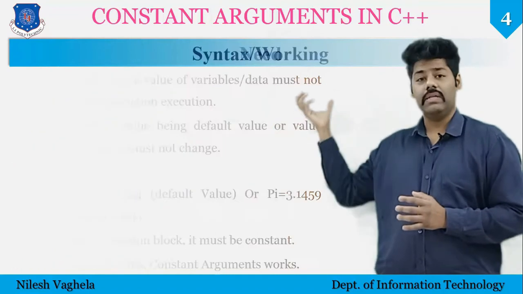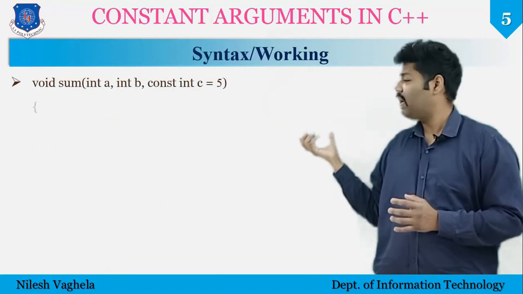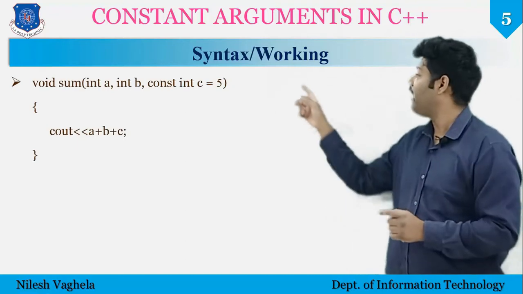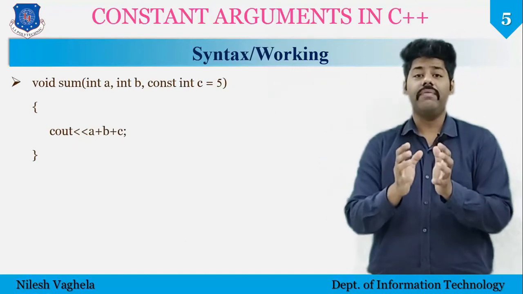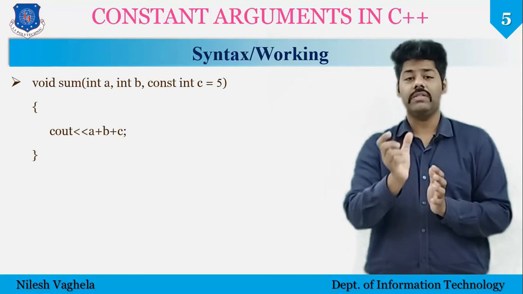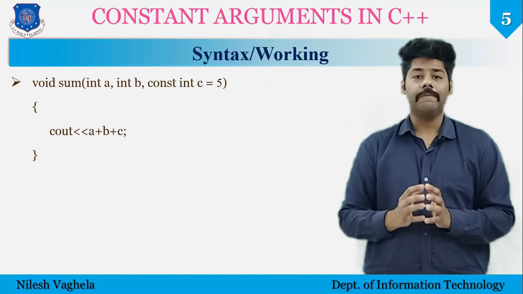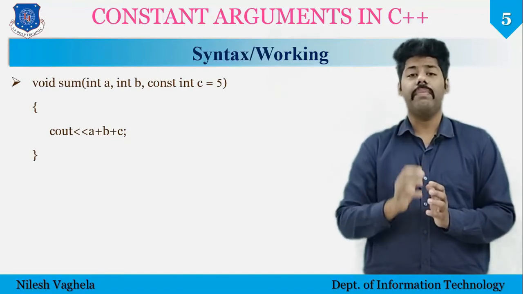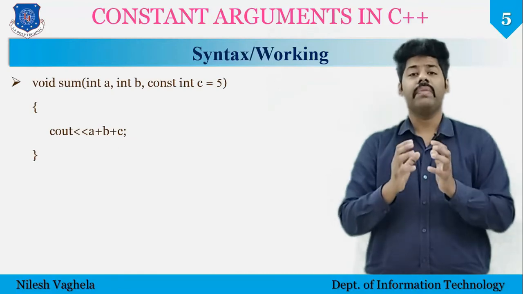So as you can see, this is the same as your default argument. The only difference is that to make an argument constant, we apply the const keyword, C-O-N-S-T, which is short for constant. Whenever we apply the const keyword, that particular variable will be constant upon initializing.